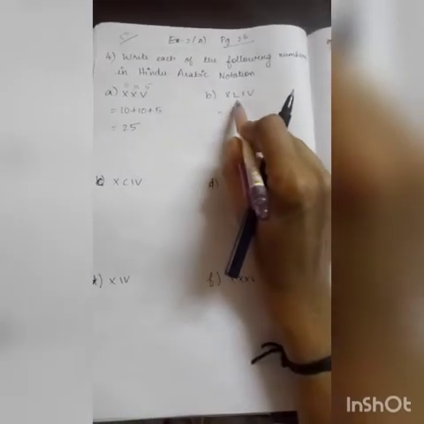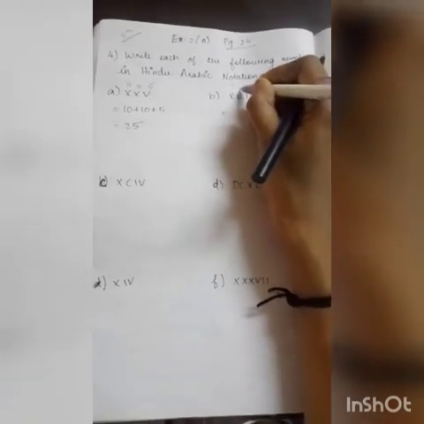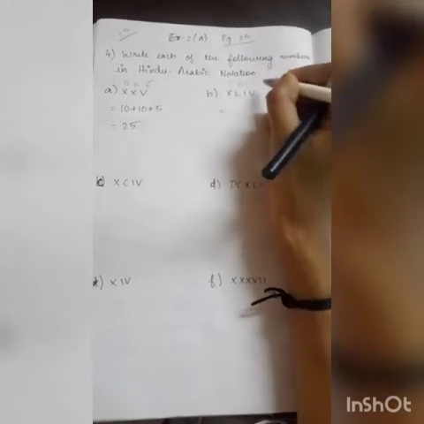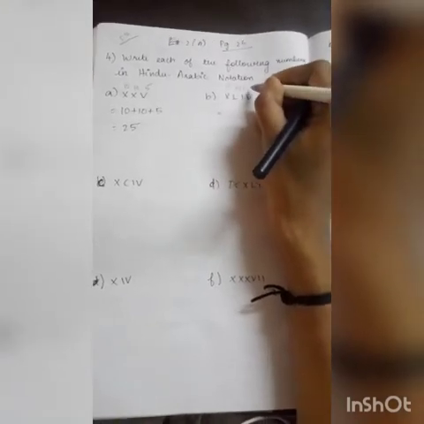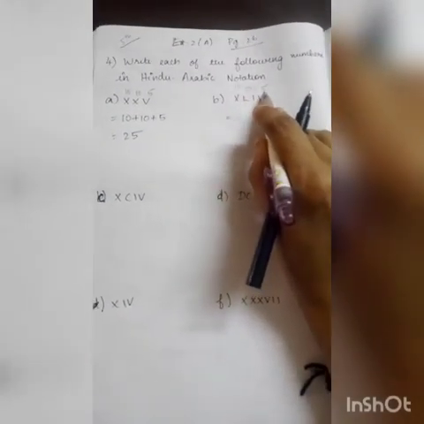B question is XLIV. Okay, so X stands for 10, L stands for 50, I stands for 1, V stands for 5. So here smallest number, greatest number, smallest number, greatest number.